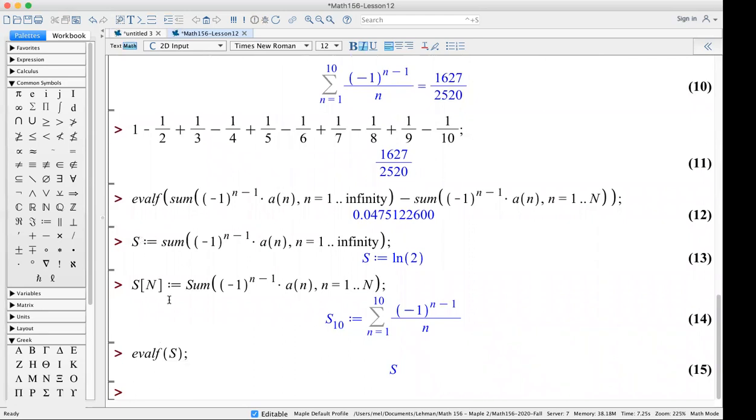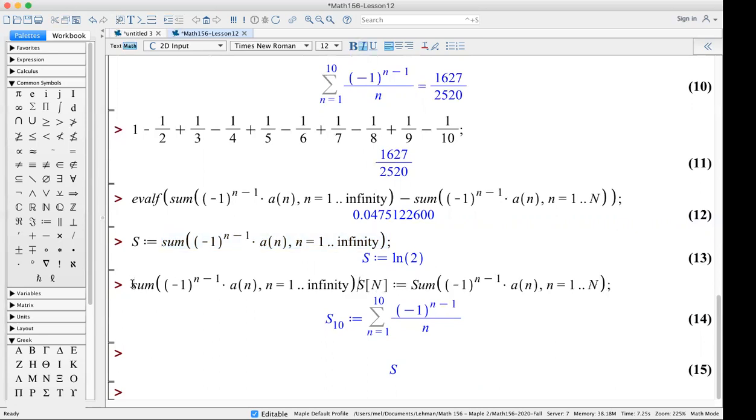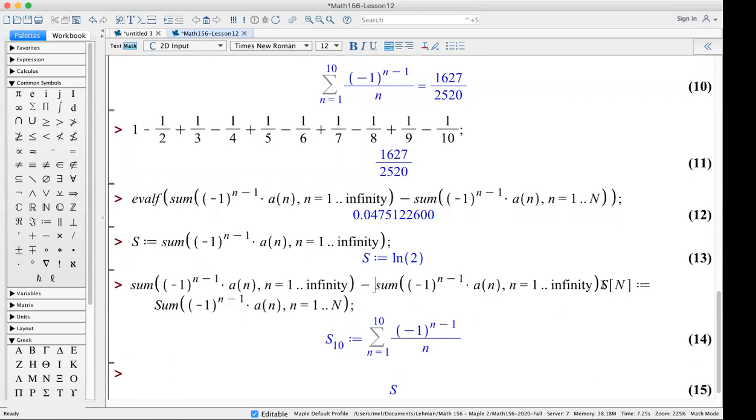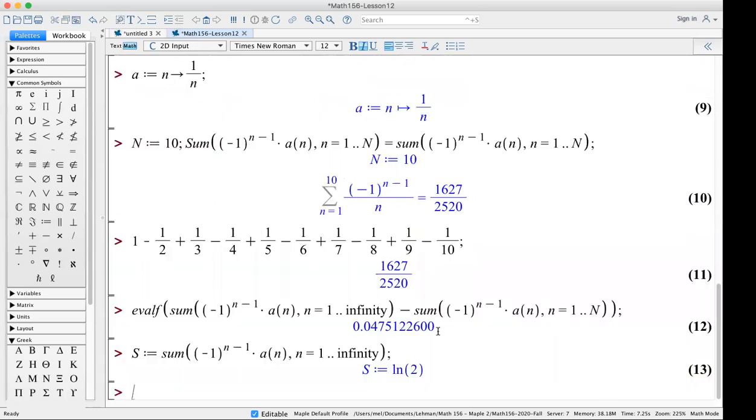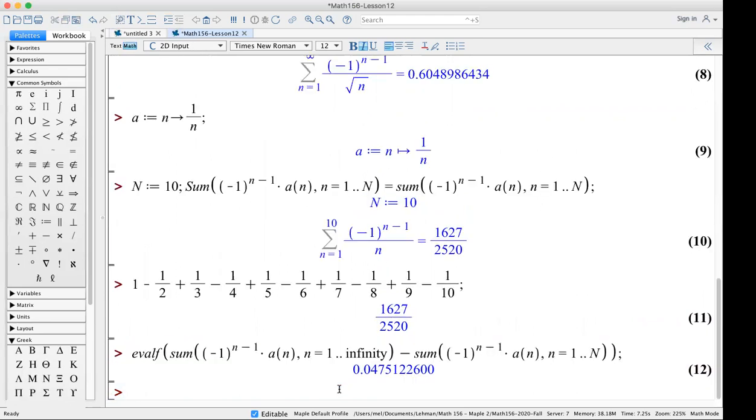Let me do it differently. So this is the sum from 1 to infinity.